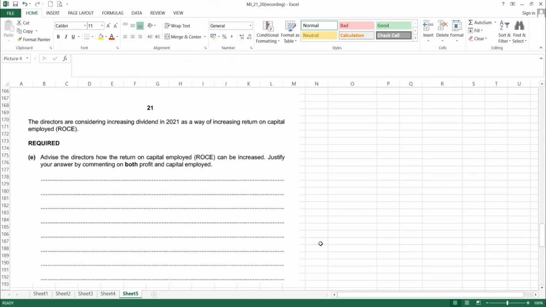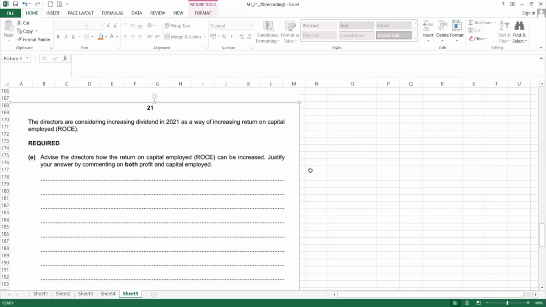The question says the directors are considering increasing the dividend in 2021 as a way of increasing the return on capital employed. Advise the directors how the return on capital employed can be increased. Justify your answer by commenting on both profit and capital employed.